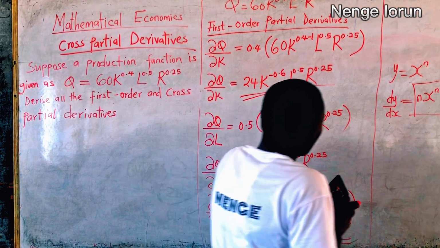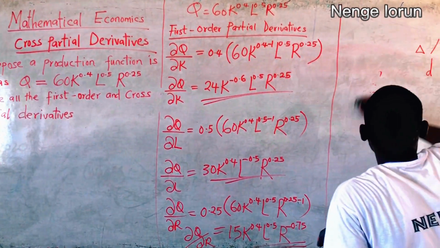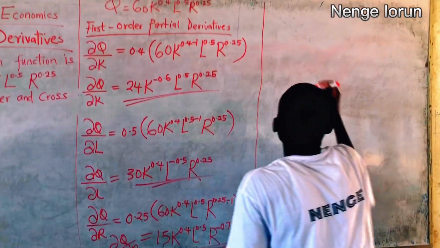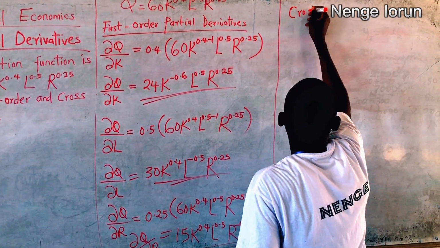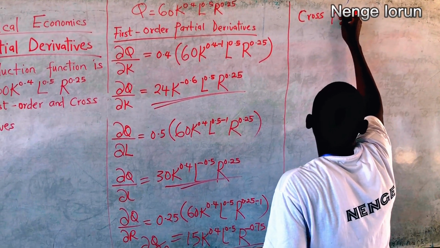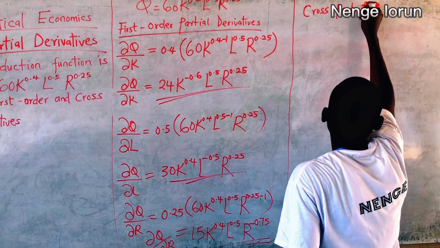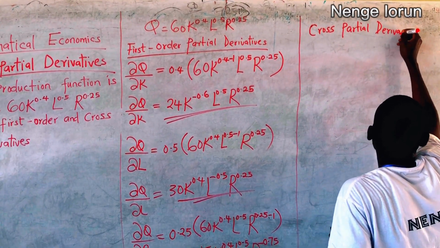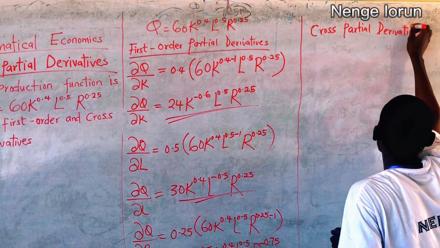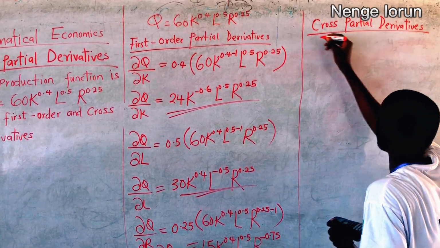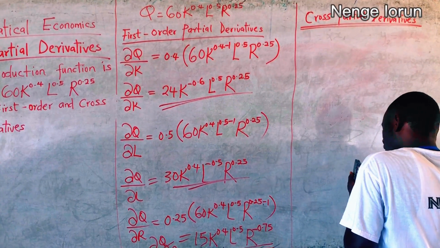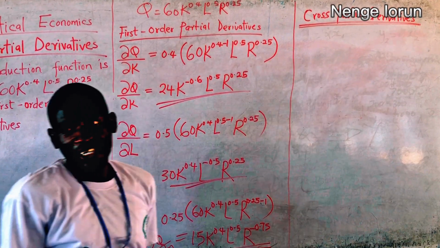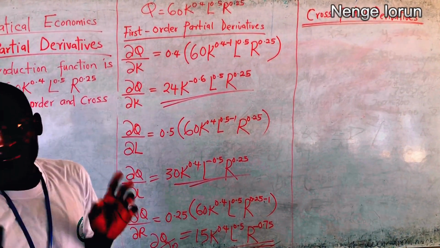So now we shall be computing the cross partial derivatives. Now there is a rule that cross partial derivatives are always equal in pairs.